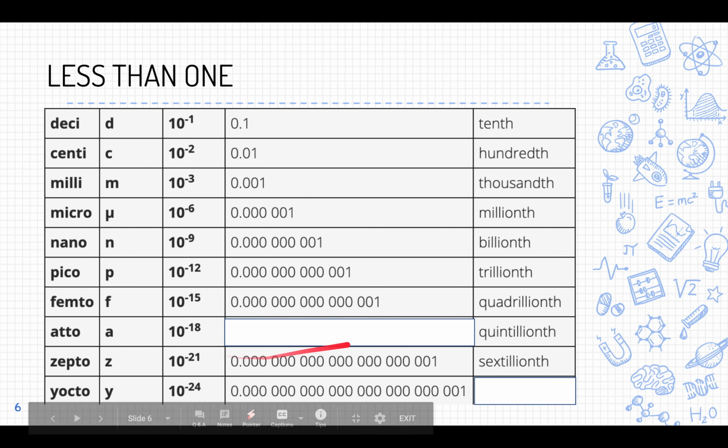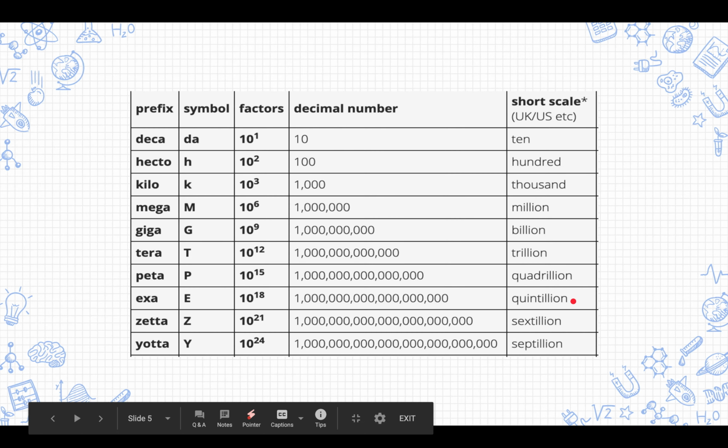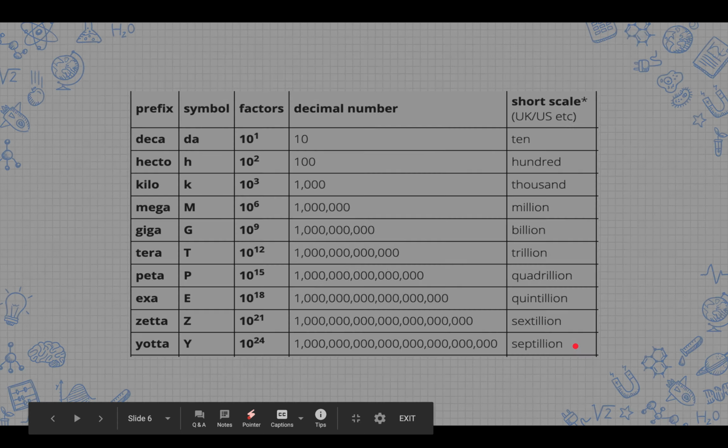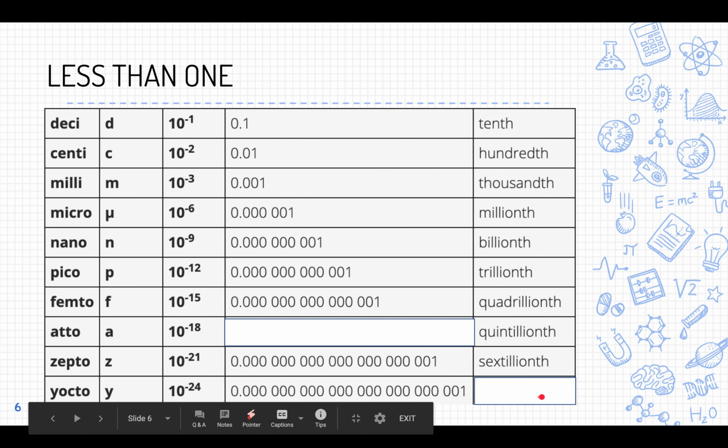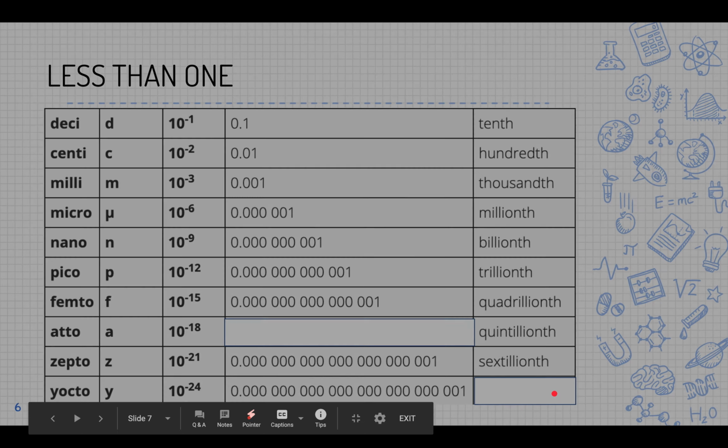Alright, so that's the value for quintillionth. So sextillionth is this value right here, and septillionth would be the next value. As we looked at in the previous slide, it goes quintillion, sextillion, septillion. So this one would be septillionth, the th at the end.